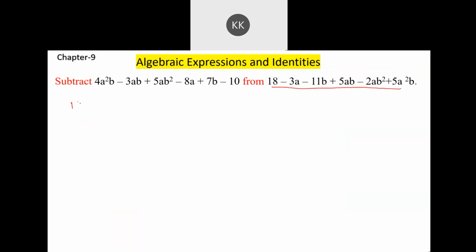That is 18 minus 3a minus 11b plus 5ab minus 2ab square plus a square b. Now, in the previous question, I had written plus and added this. Now there is a subtraction. So always when subtraction is there, write minus and change the sign of the remaining terms within the bracket. Within the bracket, you write the remaining expression.